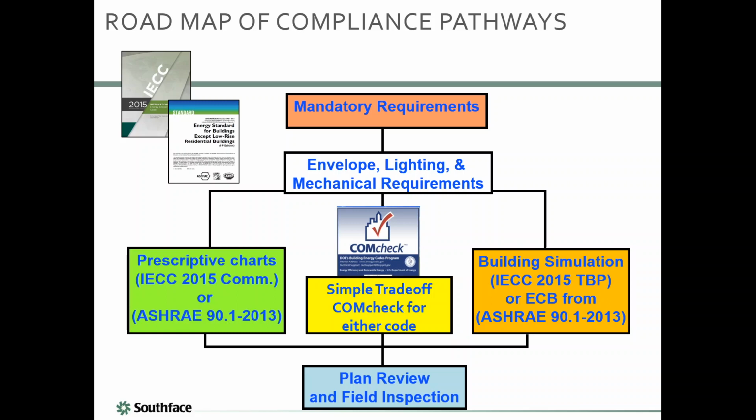If for some reason there's an aspect of this commercial prescriptive option that is hard to meet, you can often do a fairly simple trade-off where you're going to use a tool like ComCheck, which is definitely your friend, and you'll over-insulate one part of the envelope, and that will allow you to do something less somewhere else.